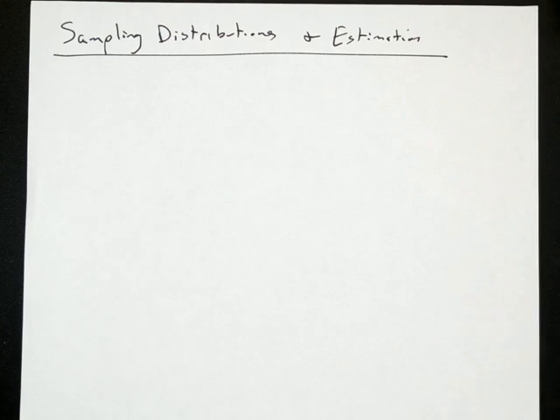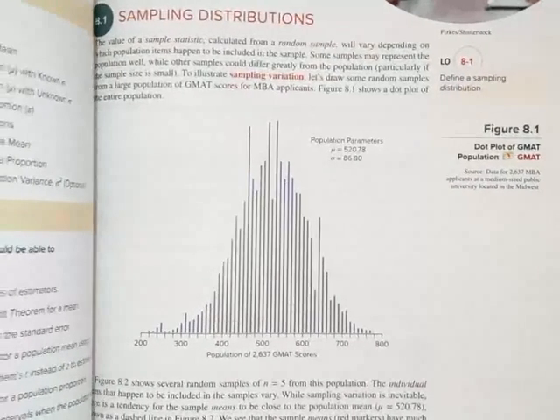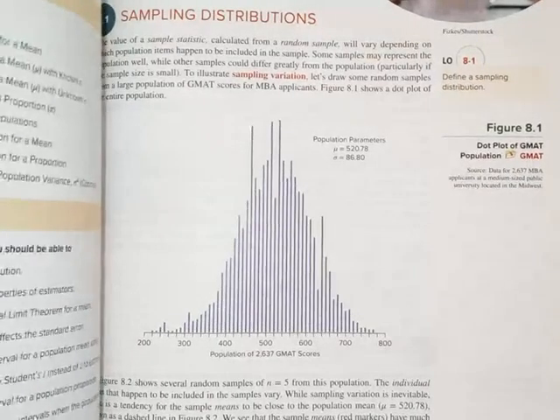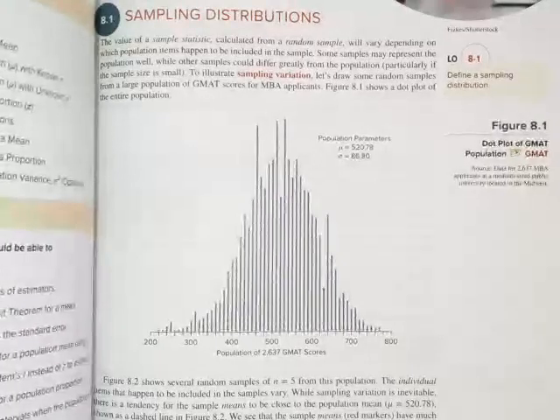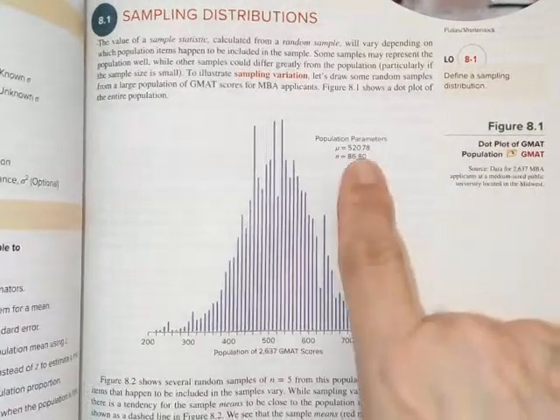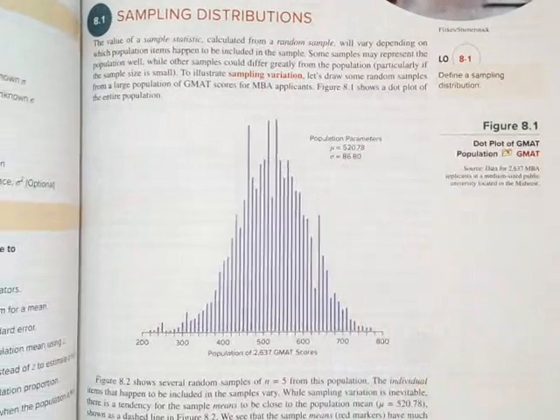On page 273, I have the scores of a huge number of people who took the GMAT exam, the Graduate Management Aptitude Test. Now, I'm going to assume that if you give this test, you can tell what the entire population is doing. And they've given me from this information an average and a standard deviation.